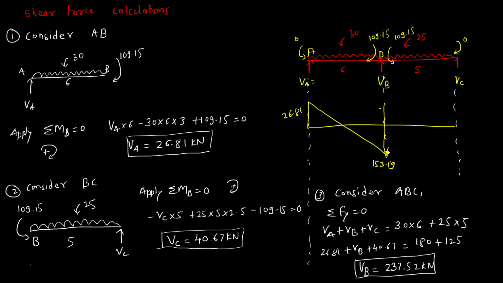So this will be 84.33. Now 84.33 minus 125 will give us negative 40.67.